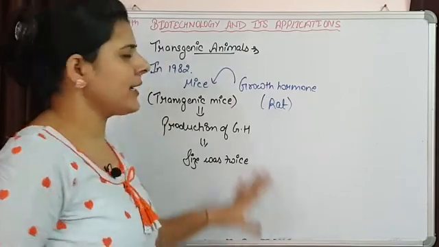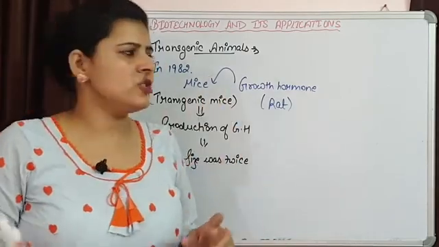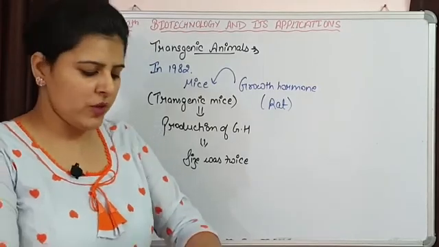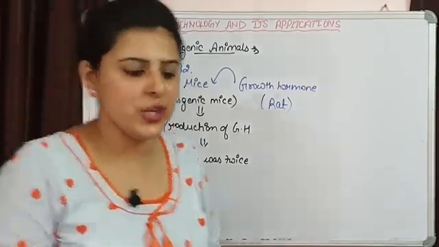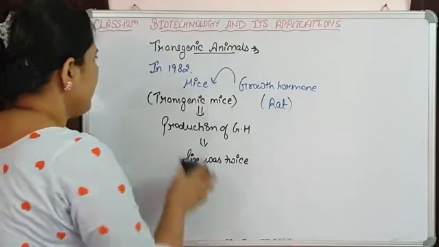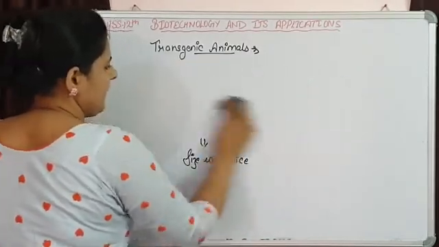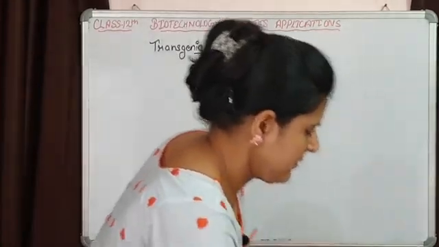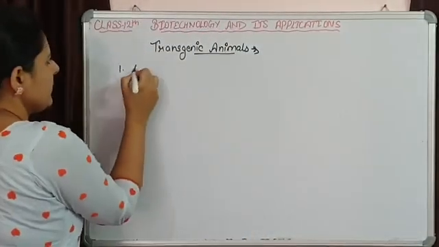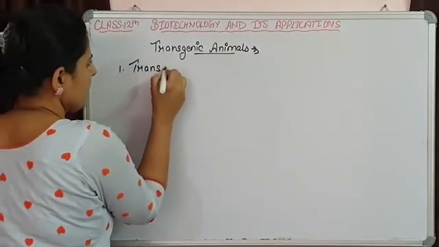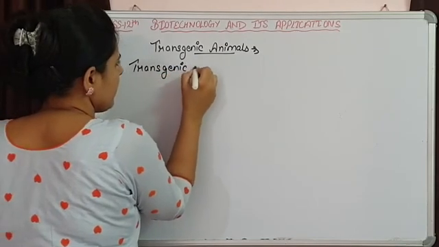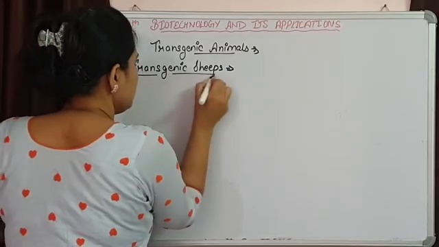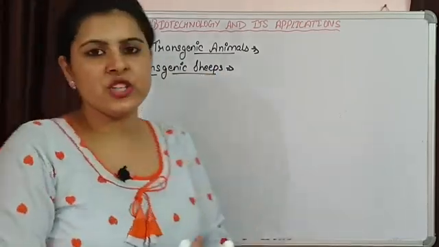And after 1982, lots of transgenic animals were produced, like transgenic sheep.